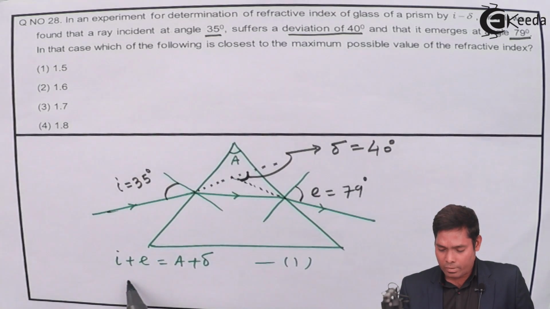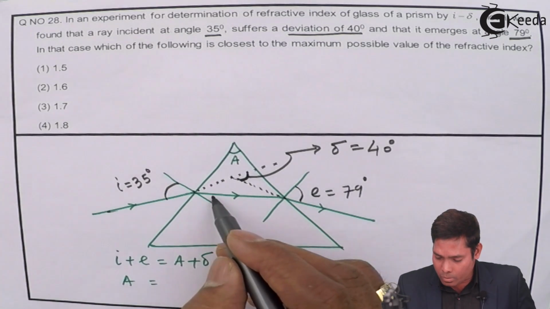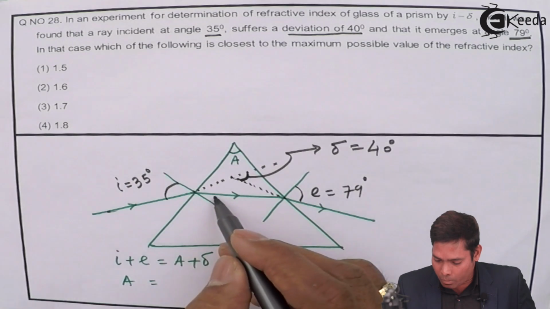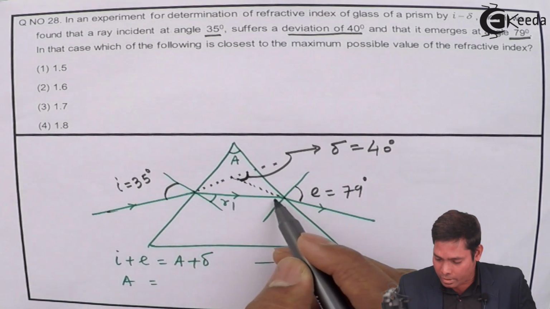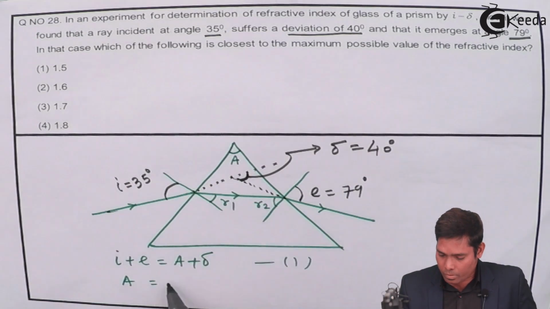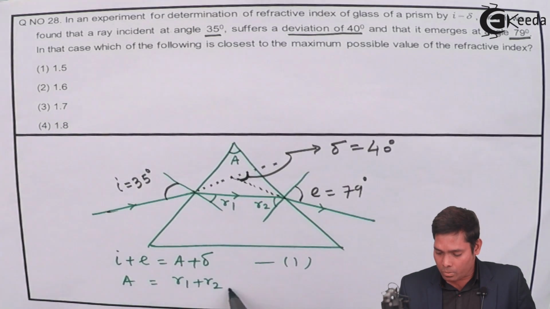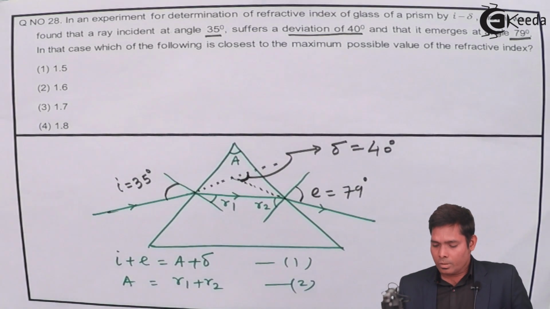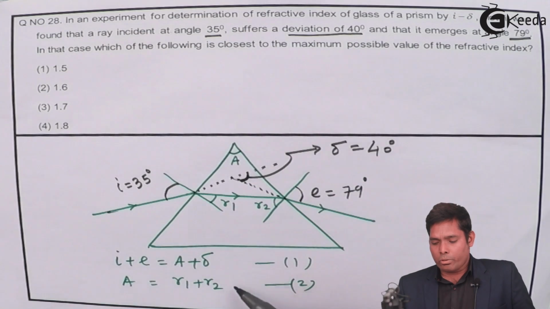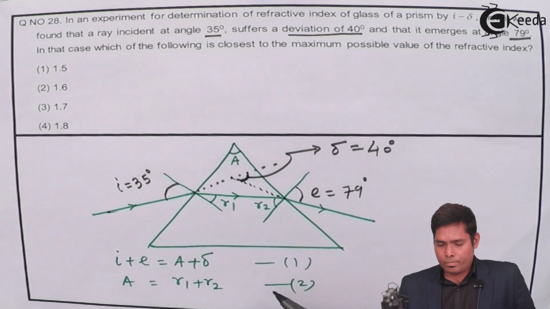Another relation we have is A, or angle of the prism, is R1 plus R2. This one is called R1, which is the angle with the normal at the ray, and this angle is R2. R1 plus R2. These are the two equations used for a prism.